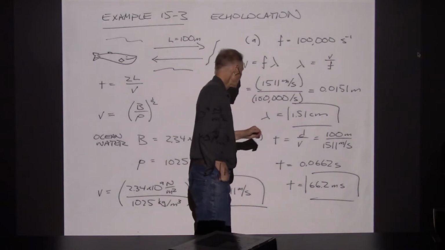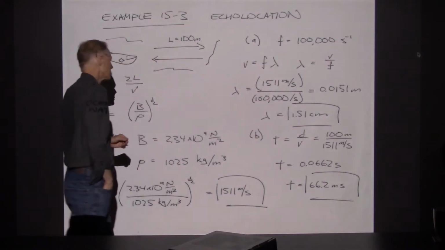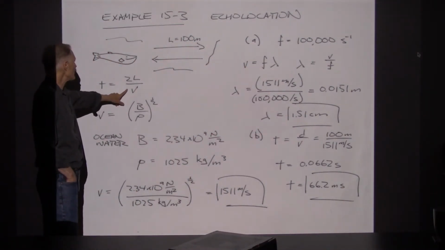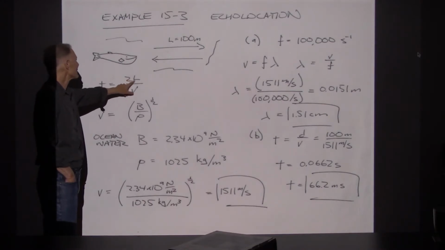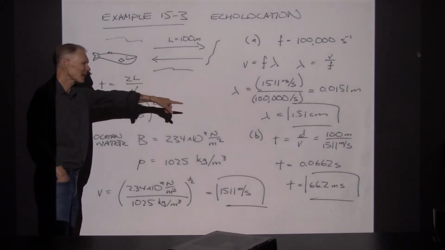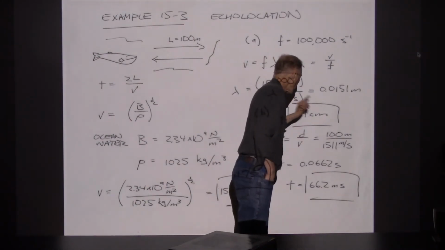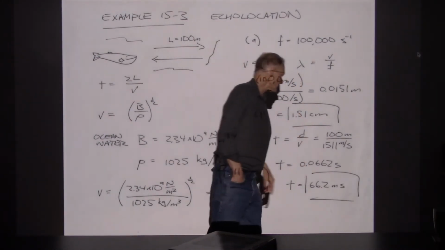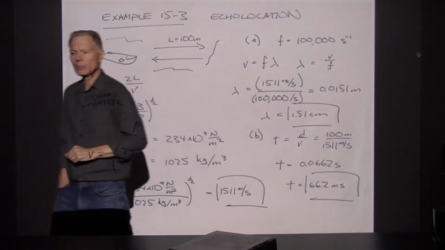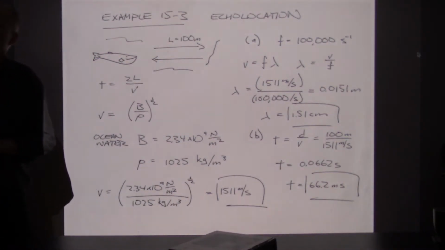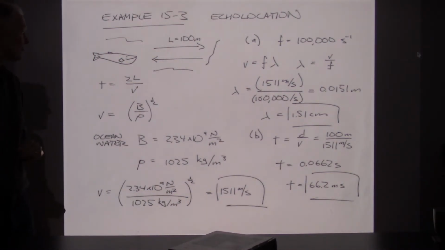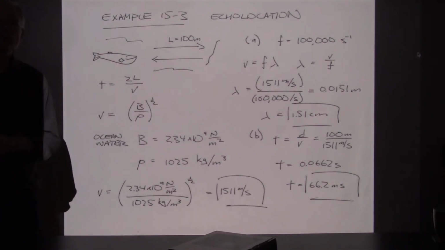This one was 2 times 100, but I did get the 200 copied over here. So this is only one way. So one way is going to take 66 milliseconds. It's going to take 66 milliseconds to come back. Sounds like 132 milliseconds that it's going to take. Okay. So it's just a matter of milliseconds to pick up the reflected signal.